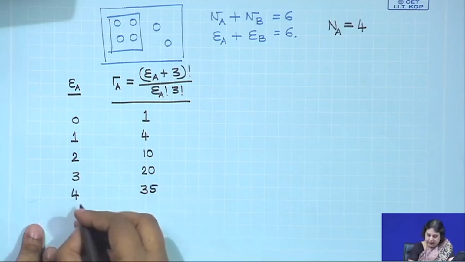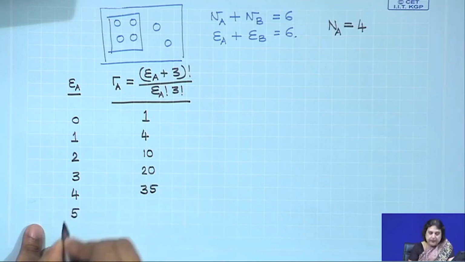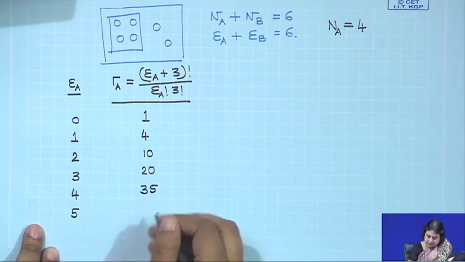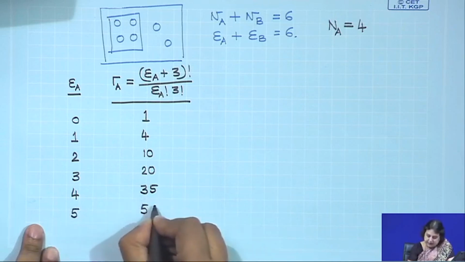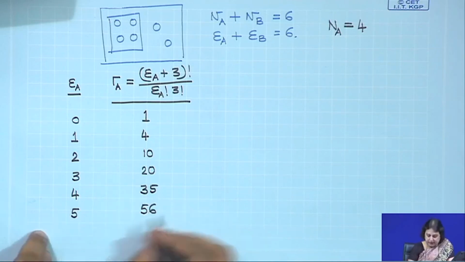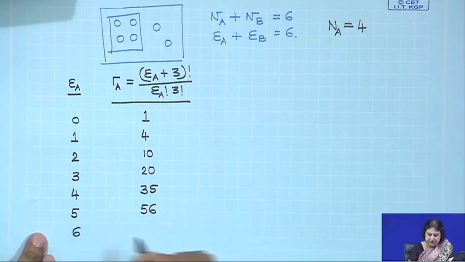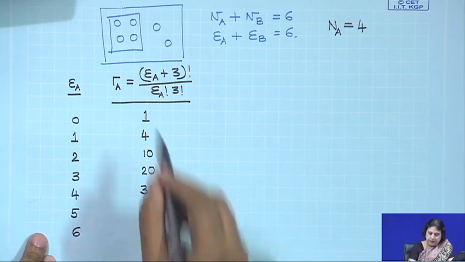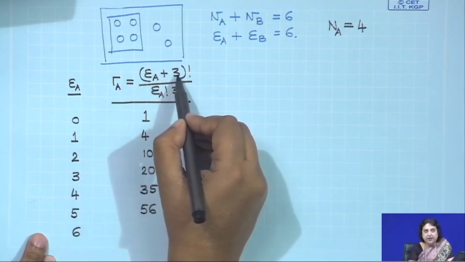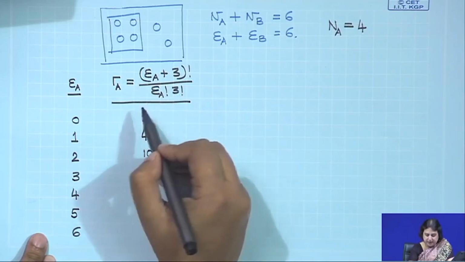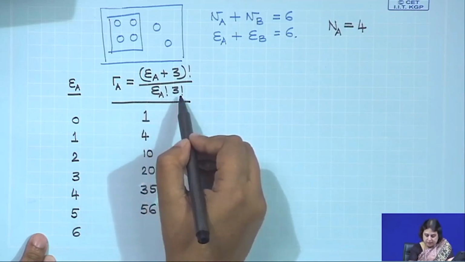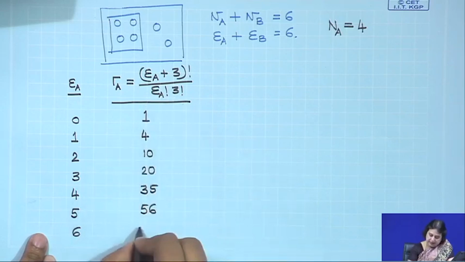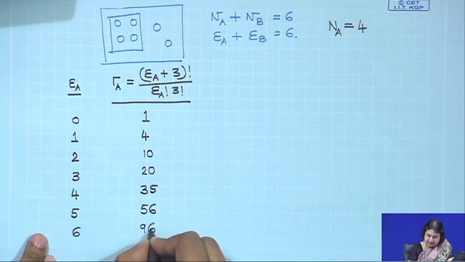Now, for epsilon A equal to 5, the number turns out to be 56. And finally, for the highest admissible value of epsilon A, which is 6, that is pretty trivial, I will have 6 plus 3, 9 factorial divided by 6 factorial into 3 factorial, and the answer is 84.